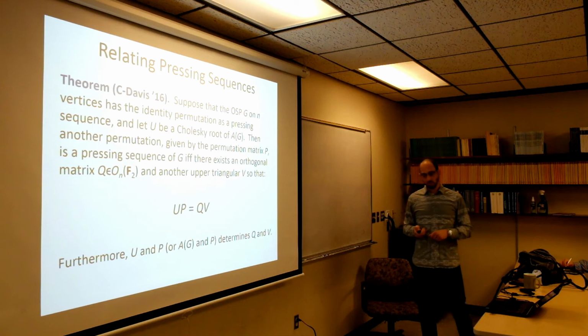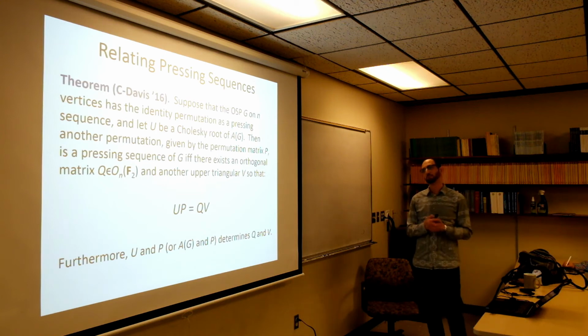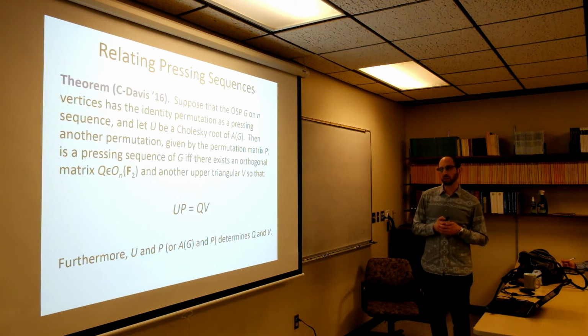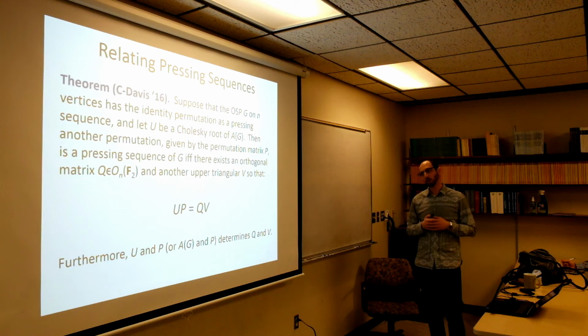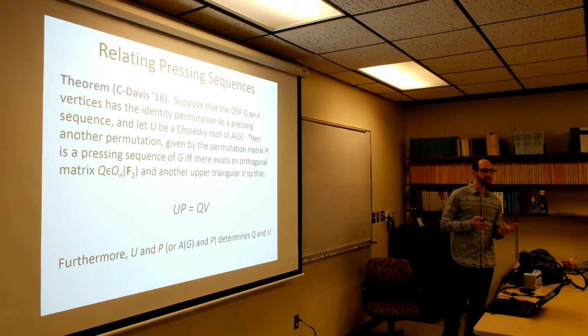Now, another theorem. So another theorem that it turns out is a little bit hard to read, but is really handy. You might ask, what's the relationship between two pressing sequences? If I have one pressing sequence, can I get the rest of them? So here's the thing, these people are studying this stuff for the purpose of doing genomics.